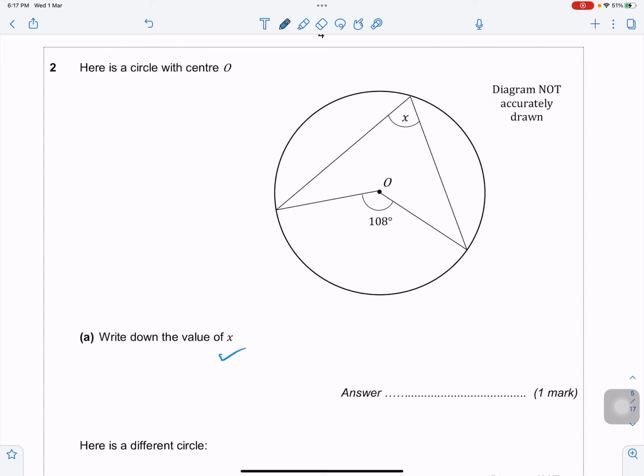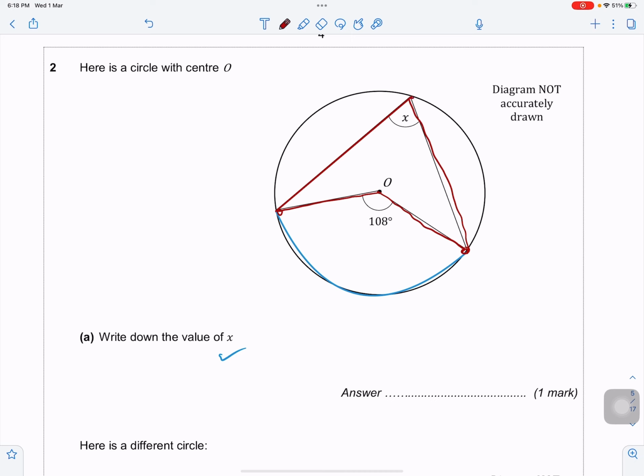The property is that the angle at the center is twice the angle at the circumference. Why? Just look at this arc. This arc is making an angle at the center, and the same ends of the arc are making an angle on the circumference.